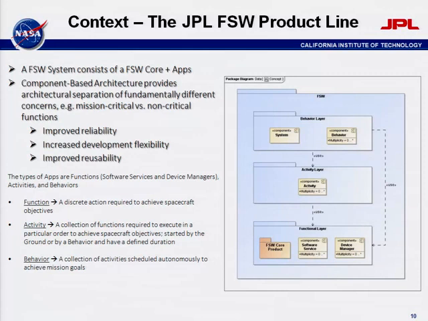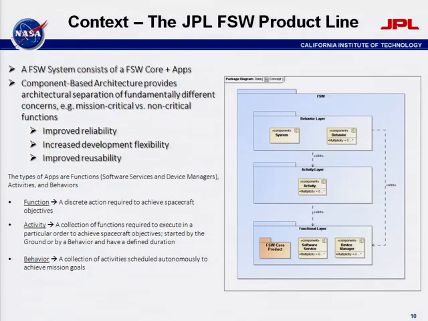Activities consist of a collection of these discrete actions provided by the functional layer to achieve certain spacecraft and mission objectives. Something you may see at the activity layer, to use an MSL example, would be do EDL, entry, descent, and landing. And then that activity decomposes into a set of functions exported by the functional layer.